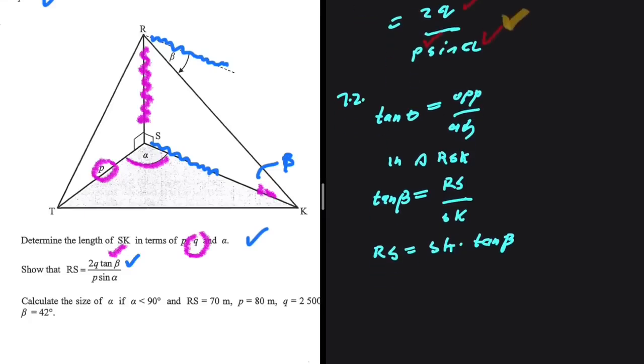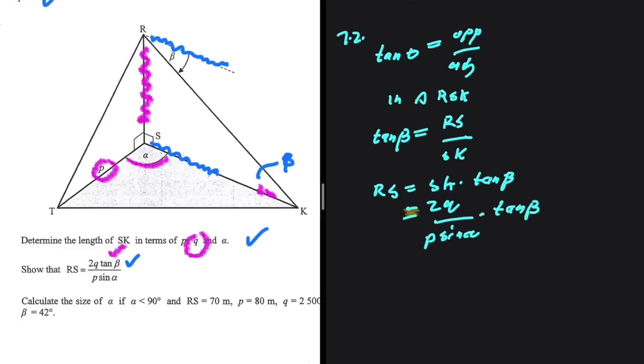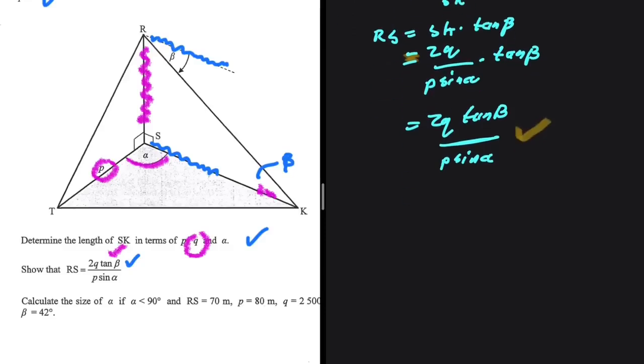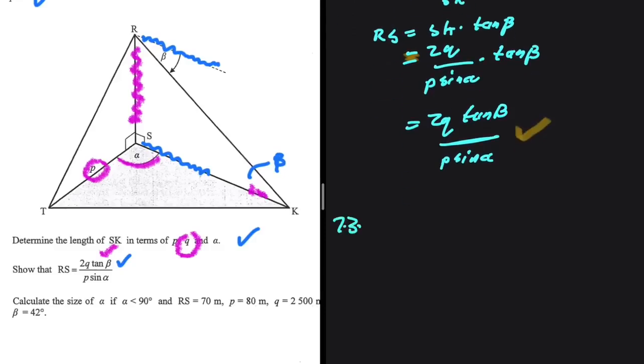So if we replace SK with that, we have 2Q divided by P sine of alpha multiplied by tan of beta. So this is just equal to 2Q tan of beta divided by P sine of alpha. Exactly what we are required to show. That is 7.2. Let's take a look at 7.3.